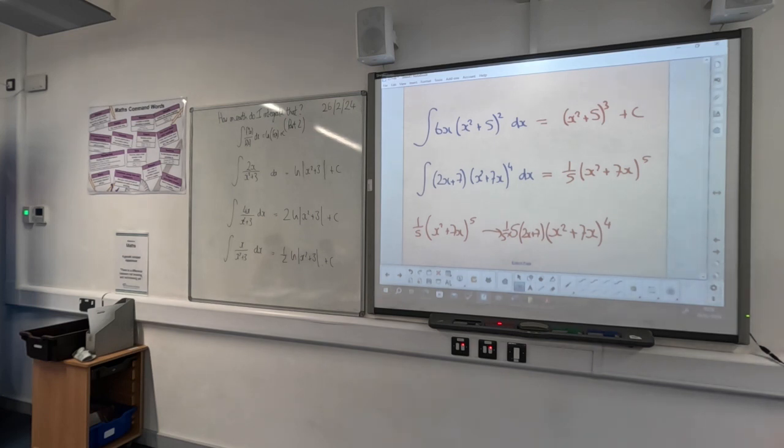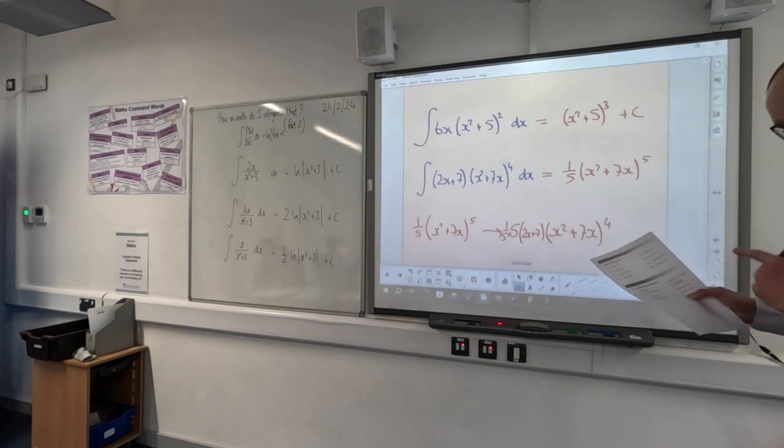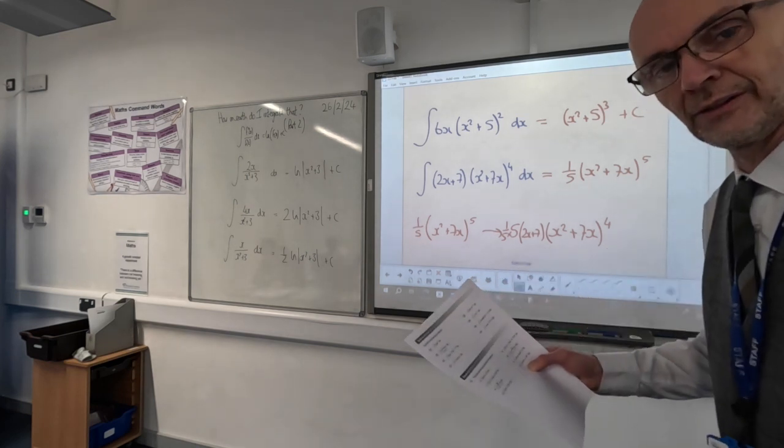And for C, a similar approach. So the answer to C, you should end up with 1/16 of x squared plus 4x squared to the power of 4. I'll just give you 2 more minutes and then we'll talk about D, which is a fiddly one, and then I'll show you the answers to the rest.